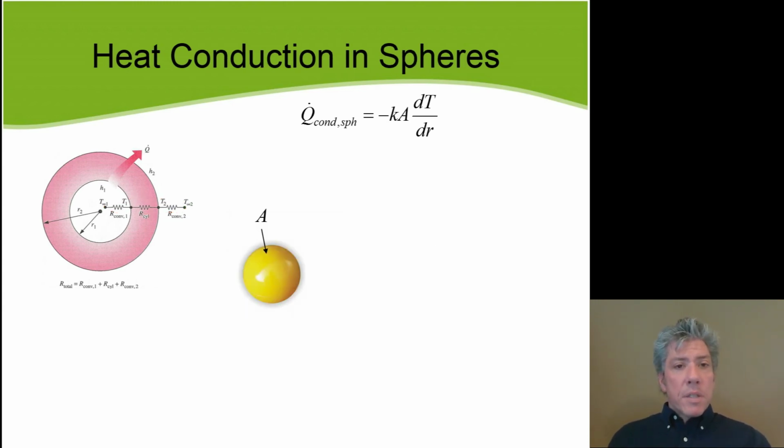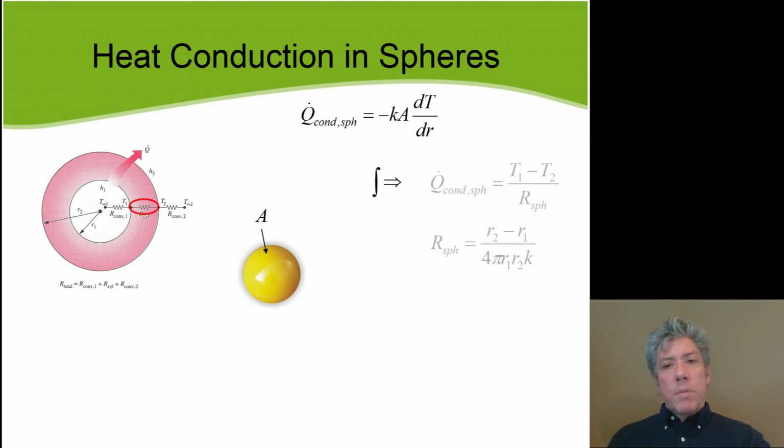You can do the same thing in spheres. In a sphere, you still have to integrate from inside radius to outside, and if you do that, the equation comes out and looks a little bit different for the resistance in a sphere. It doesn't involve the natural log, but we do get pi, we get r1 and r2 in a mathematical relationship. So there's the resistance. You don't, again, have to worry about the details of integrating it.